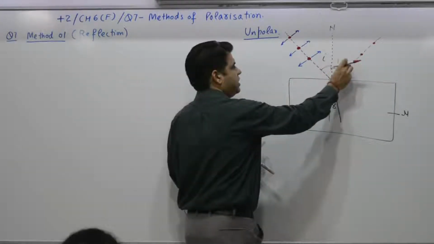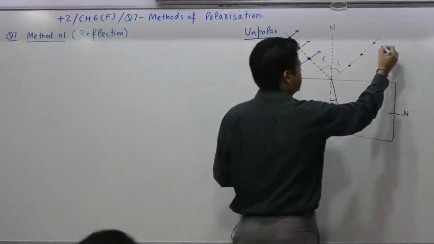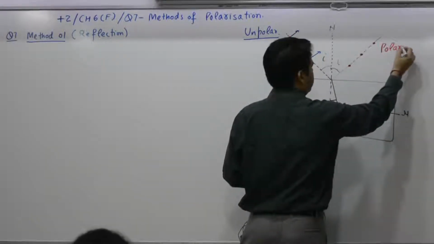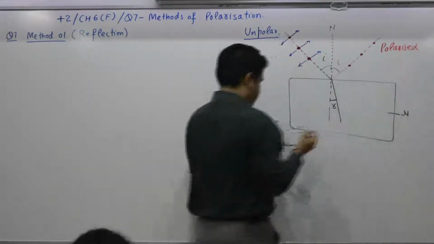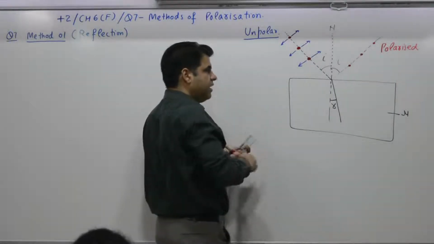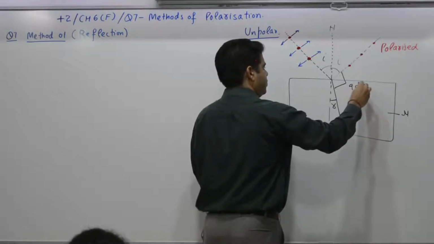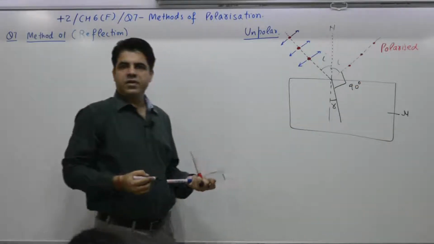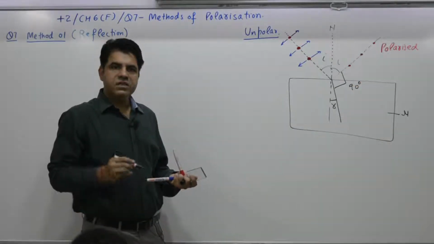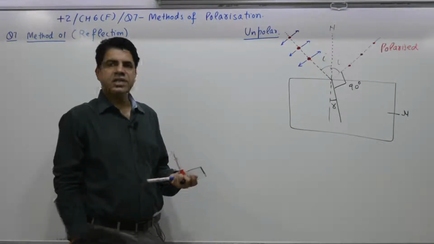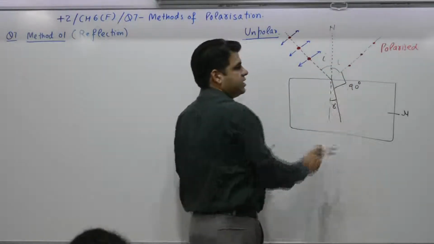Only these oscillations are available. So this is polarized light when this angle is equal to 90 degree.